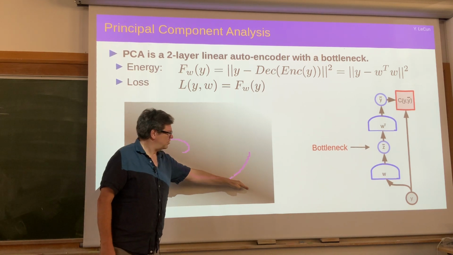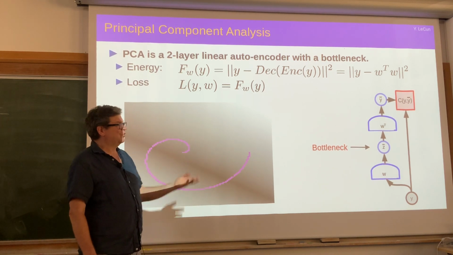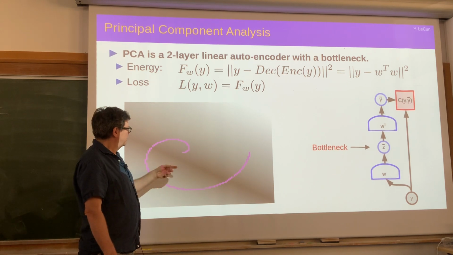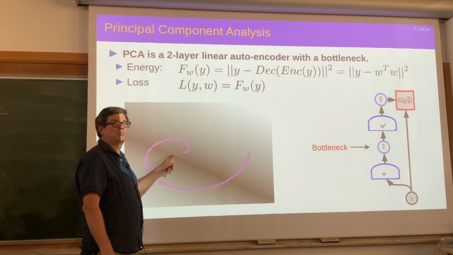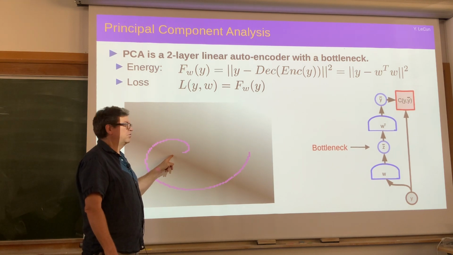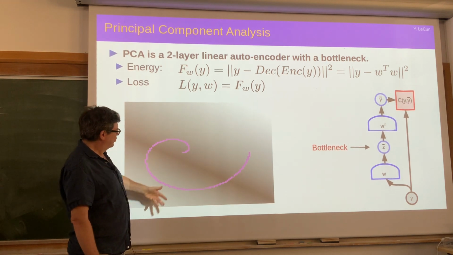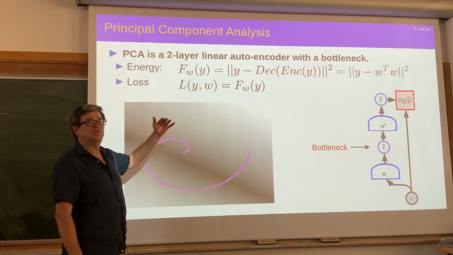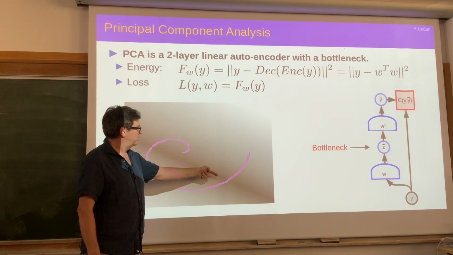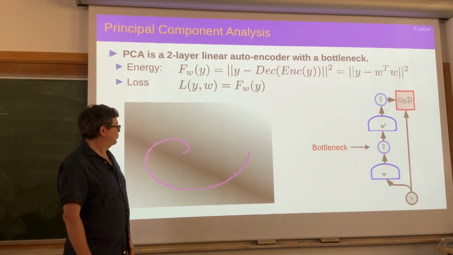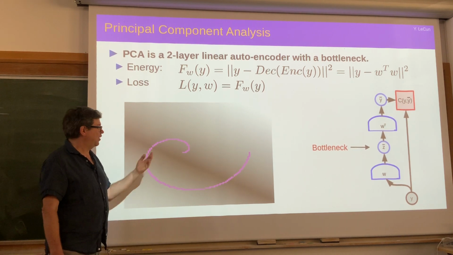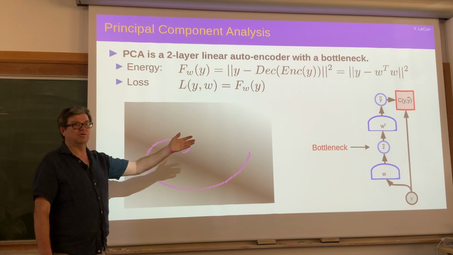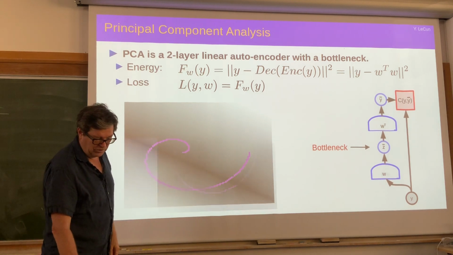Therefore the reconstruction error is going to be the square distance of any point to that one-dimensional plane, which is the principal subspace of PCA. The grayscale here represents the energy. You have zero energy on the principal axis, and the energy grows quadratically as you move away. You don't have zero energy everywhere because you limited the dimension of the representation.